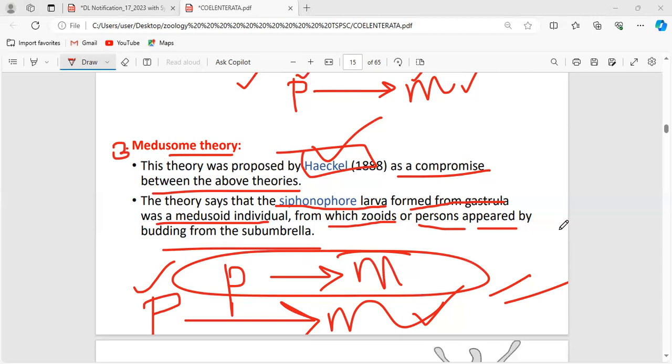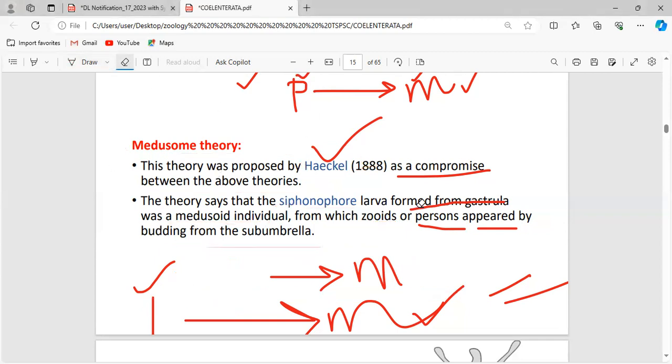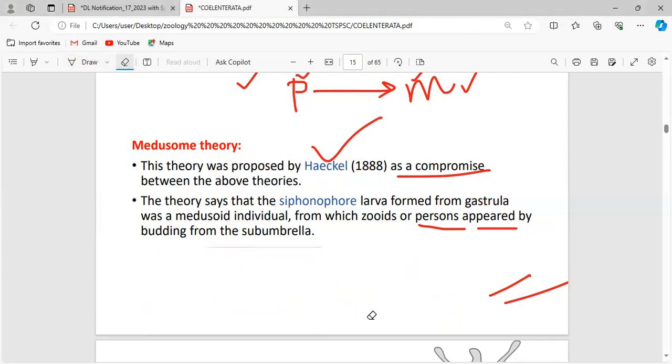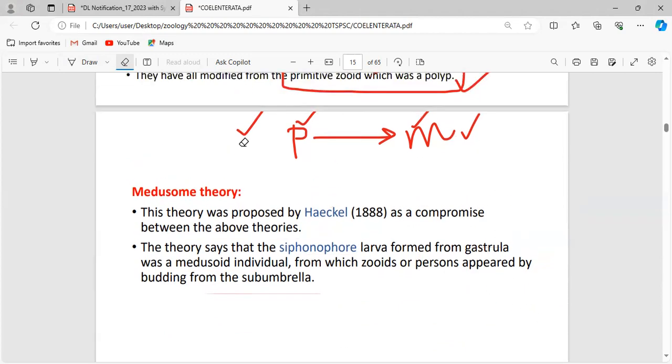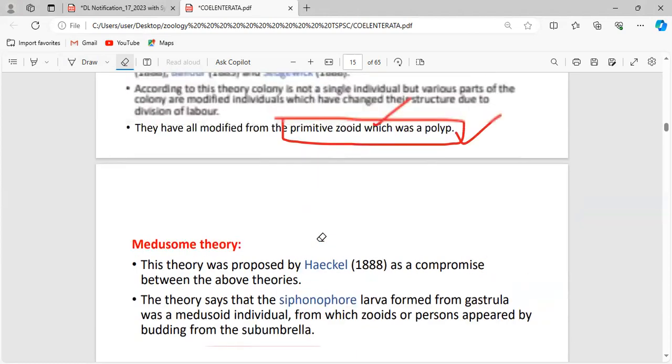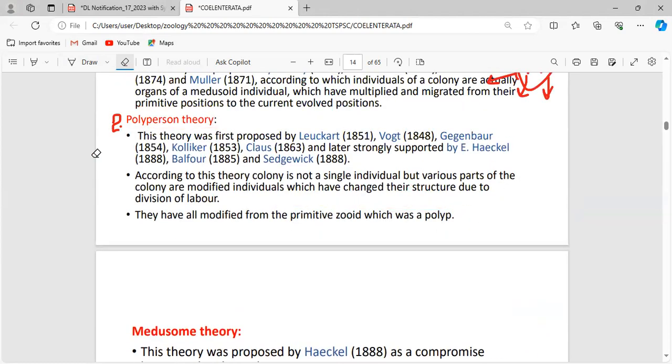What I have to explain? Theory? Medusoid. Okay, let me explain the theory once again.